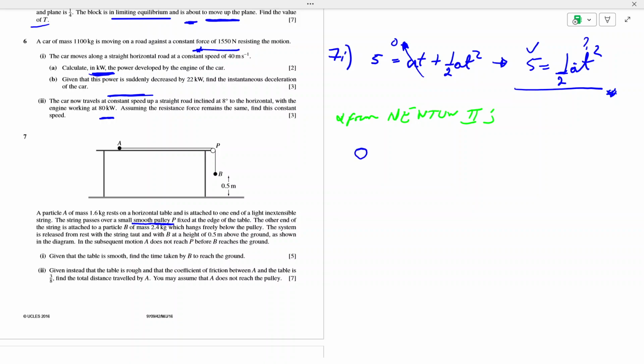A is going to be this particle, and the forces acting on A: there's going to be tension in this direction, and in that direction there's going to be 0 newtons.